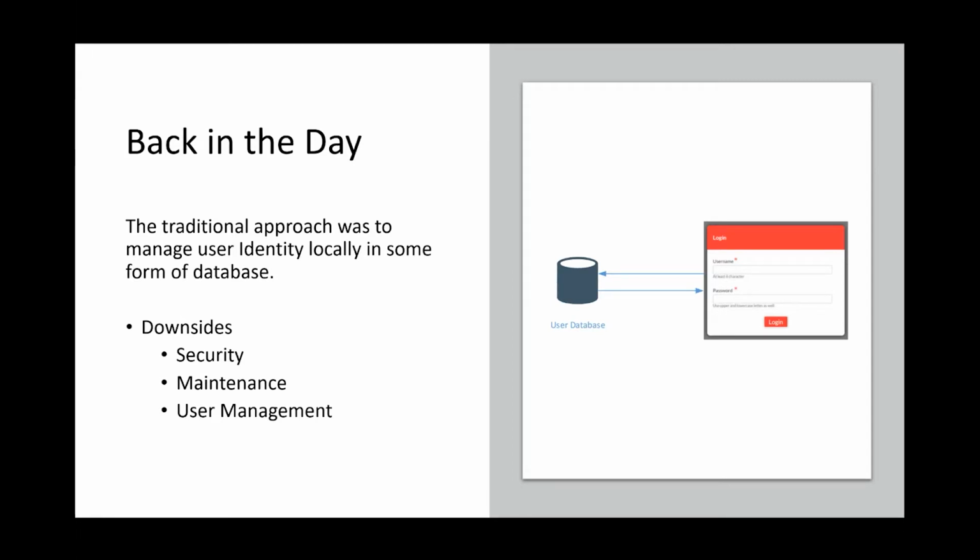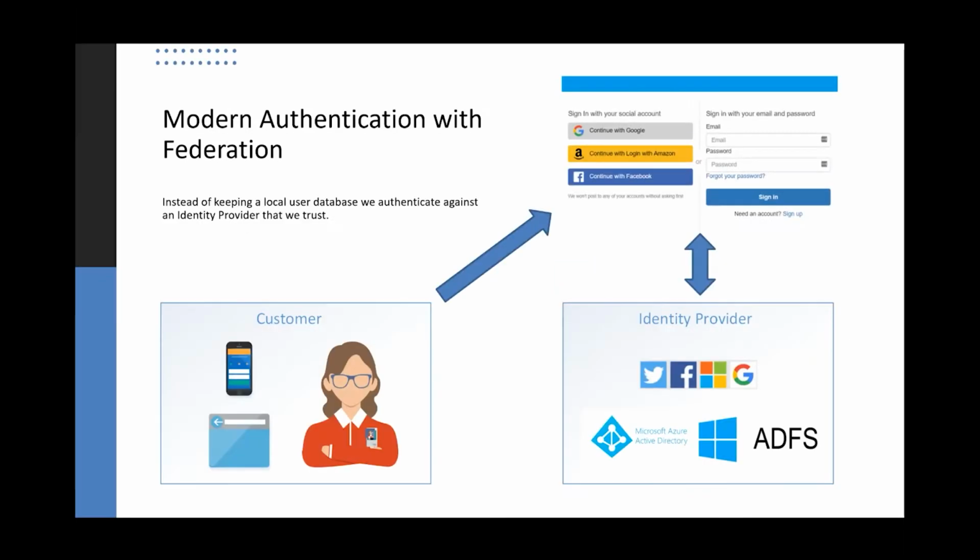This is okay in many scenarios, but in the modern world, we all know we have many sign-ons for different applications and websites, and we need some element of single sign-on to calm the noise. The typical way that we achieve this is with federation. In a nutshell, what federated authentication means is my customer comes to my website, my application, my service, and I no longer authenticate them and maintain that authentication mechanism myself.